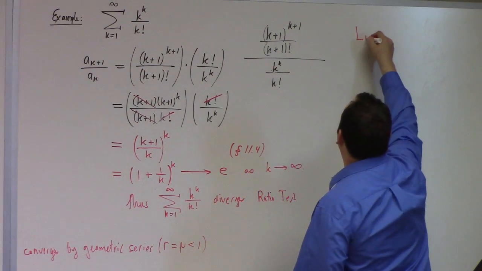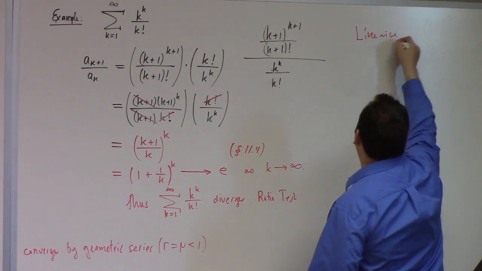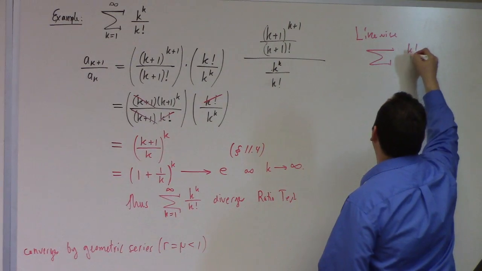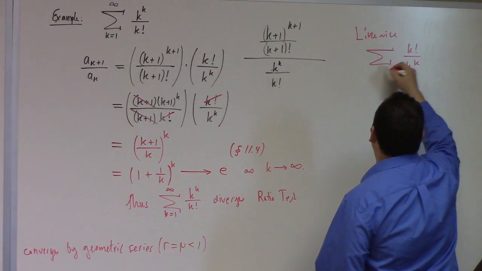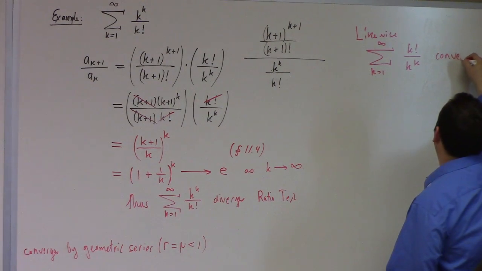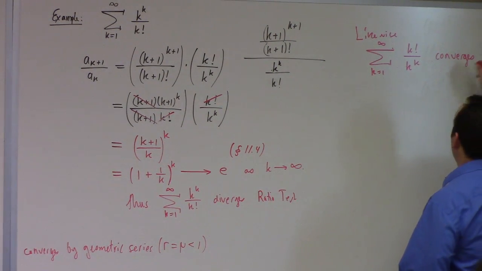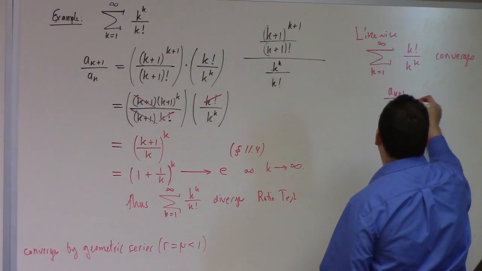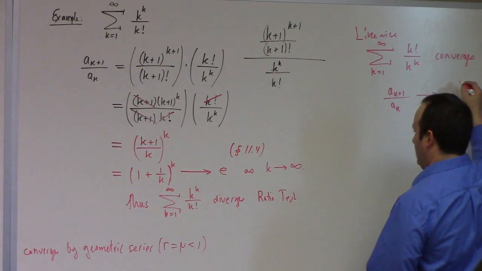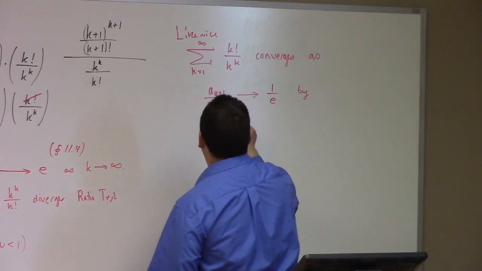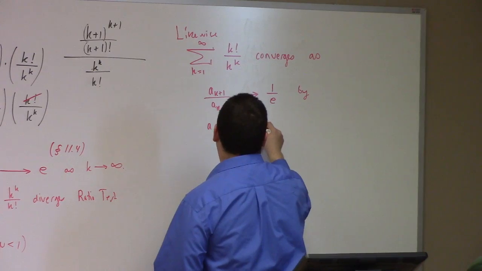Likewise, the sum of k factorial divided by k to the k, k equals 1 to infinity, converges, as a sub k plus 1 over a sub k goes to 1 over e by a similar calculation.